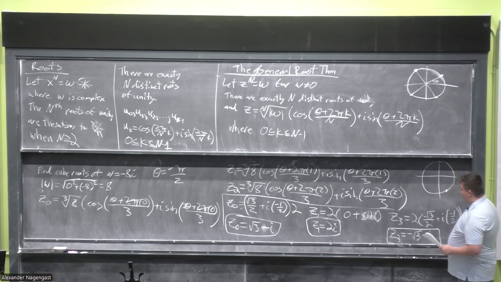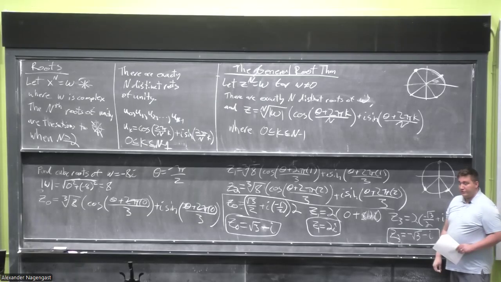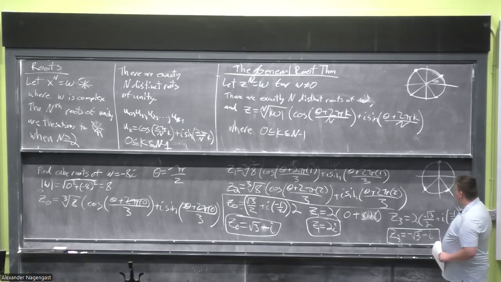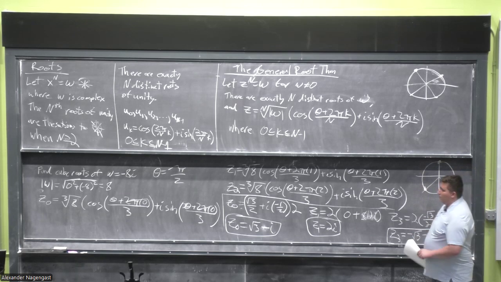And when we went around the circle, it's right here. Because when we went around the circle, we go a third of the way around the circle. That gets us at the top, which is 2I. And then we come back a third of the way around the circle, gets us somewhere about there. And so we now split this circle into thirds. And those are 3 distinct roots of omega.